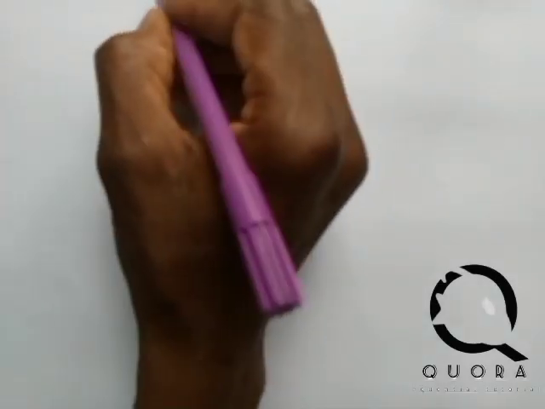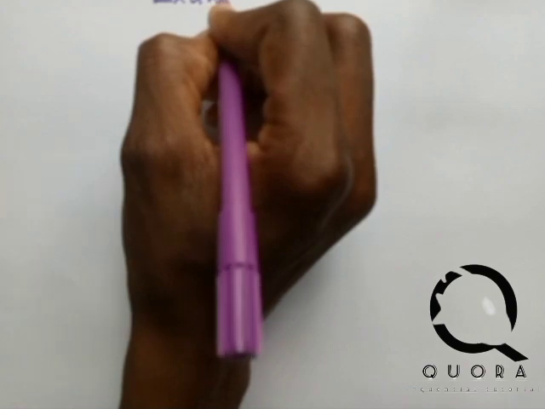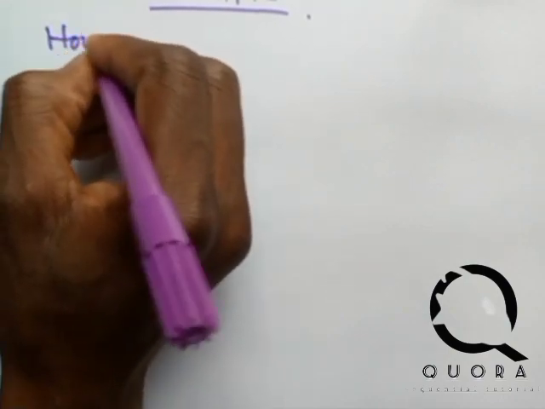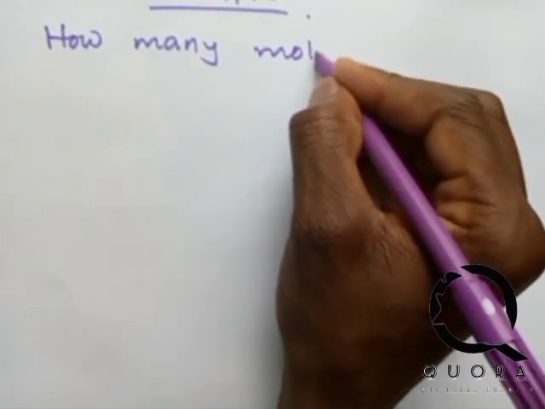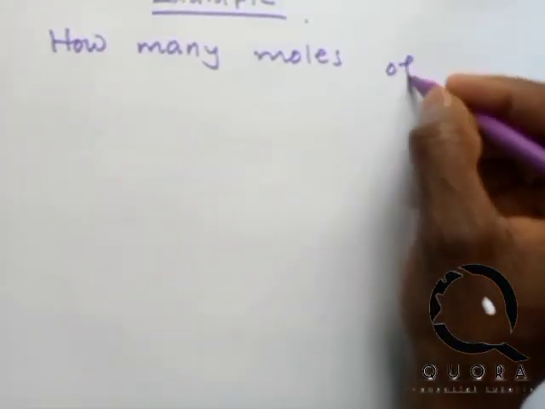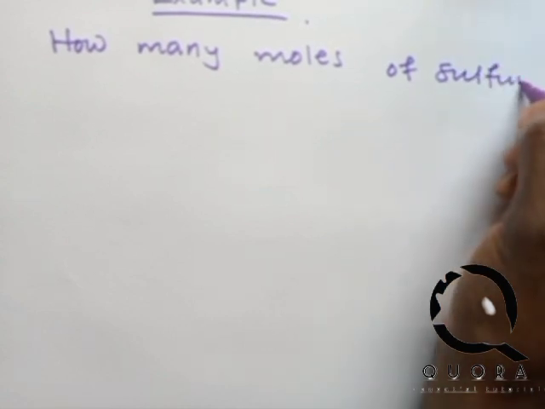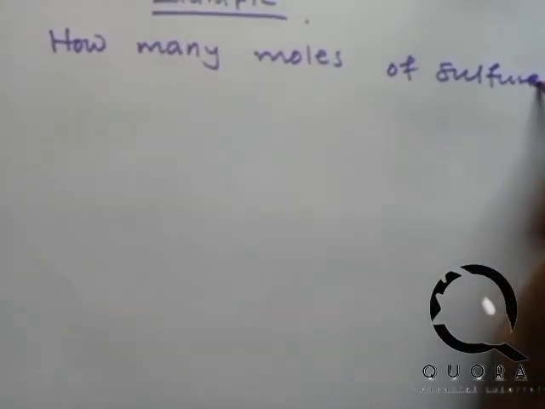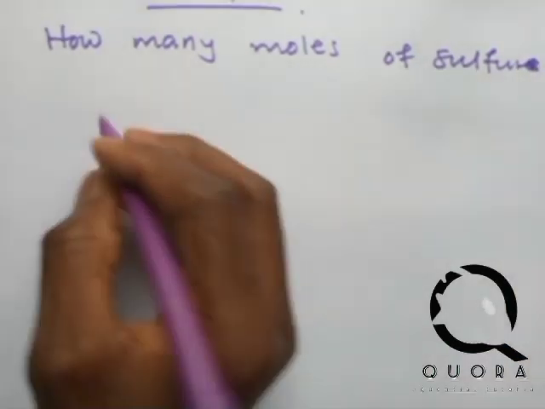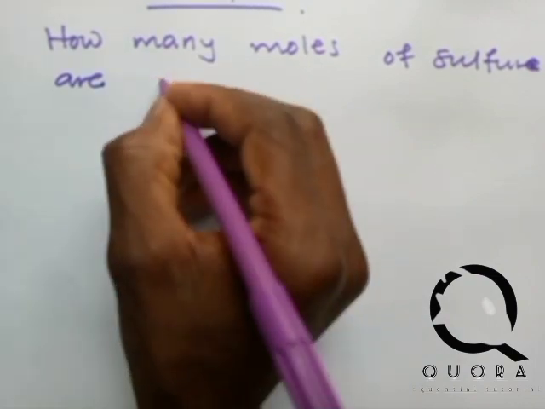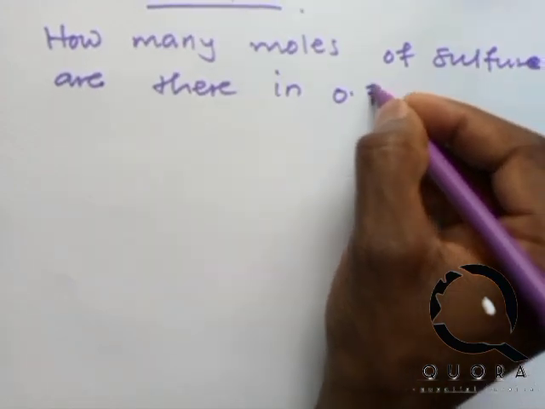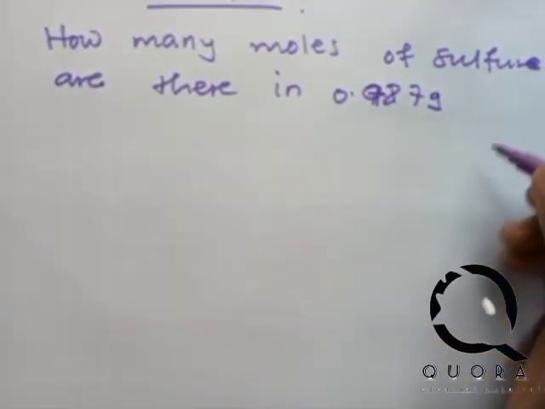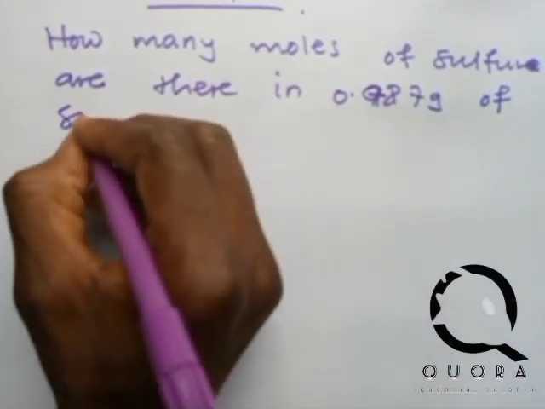Our example goes like this: how many moles of sulfur are there in 0.987 grams of sulfur?